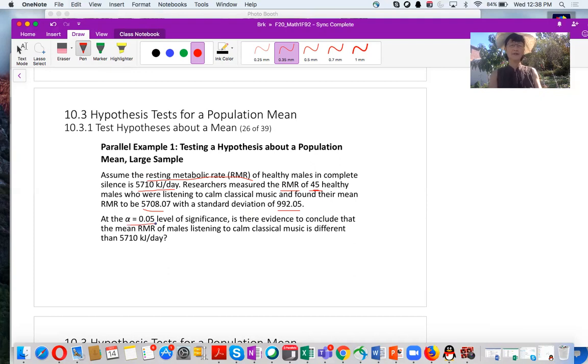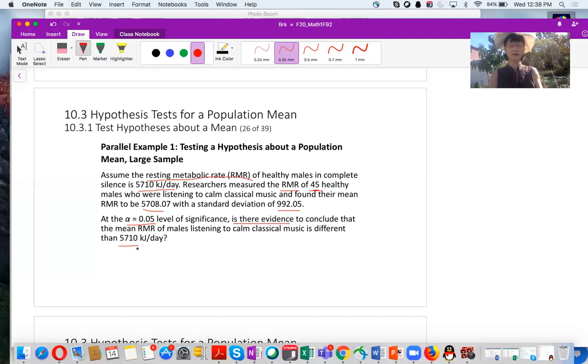At the 0.05 level of significance, is there evidence to conclude that the mean RMR of males listening to calm classical music is different than 5,710? Okay, so that is the question.